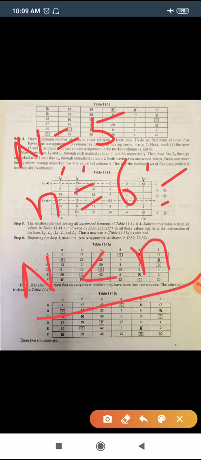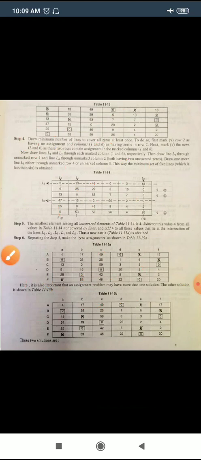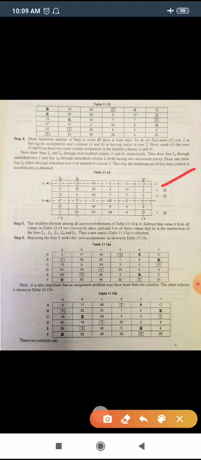Now we go for the next step. In this case, we look for the smallest uncovered element in this table. The smallest uncovered element here is 4. So we subtract 4 from all uncovered elements and add 4 at the intersection points. There are 6 intersection points.